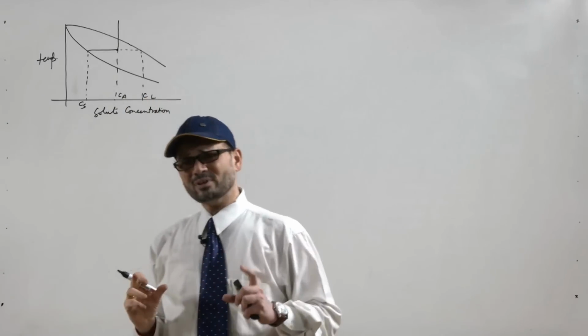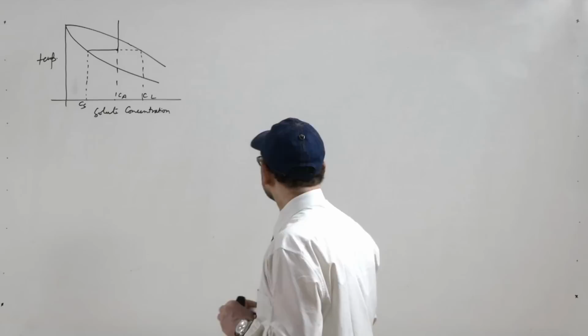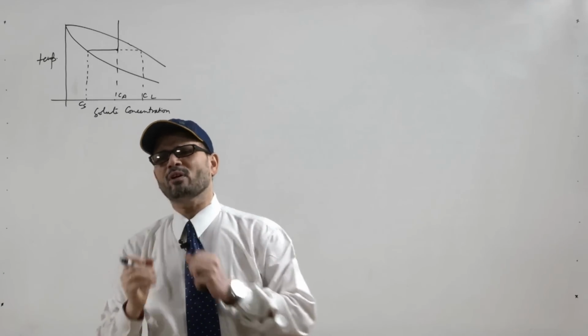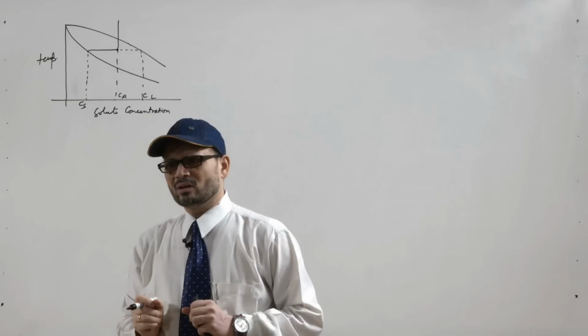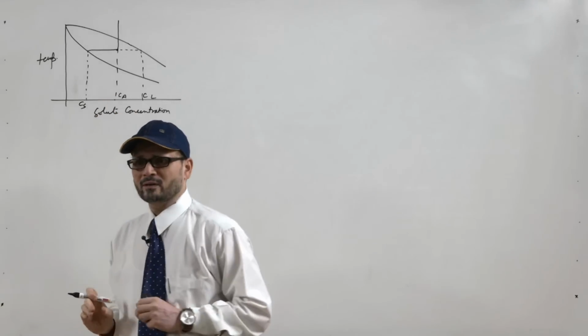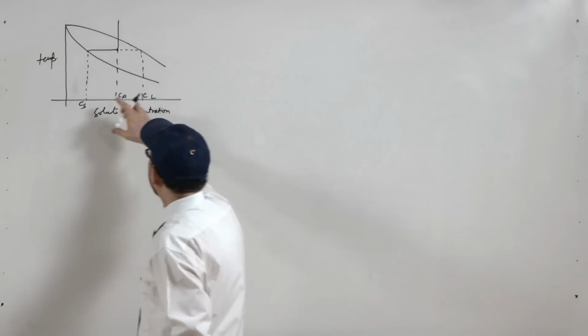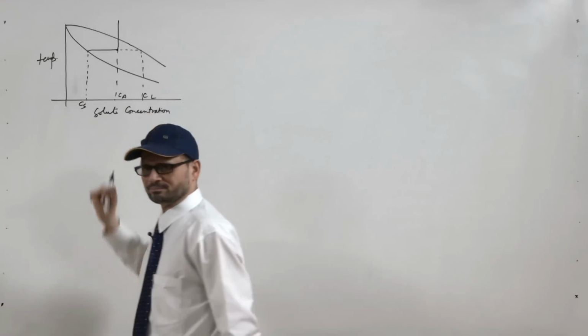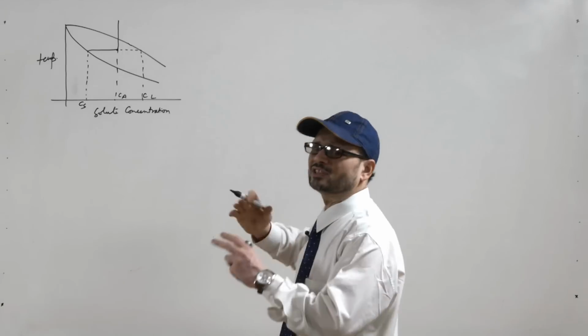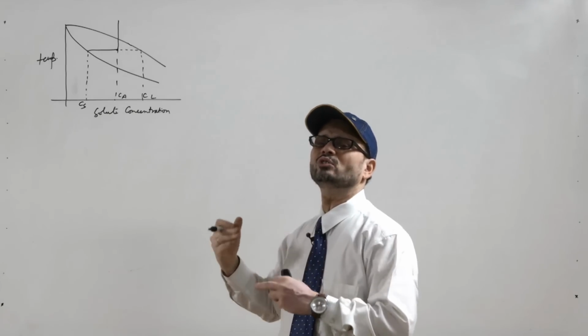Now, what happens in this case, that when the solid will start precipitating from the liquid, the solid which is going away, it has lower solute concentration, whereas the liquid which is away, it has higher solute concentration.